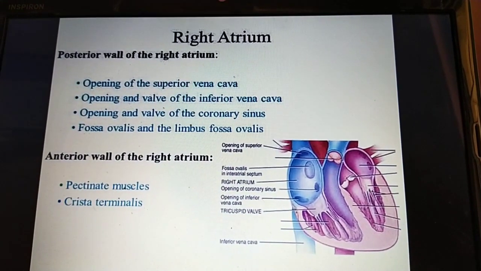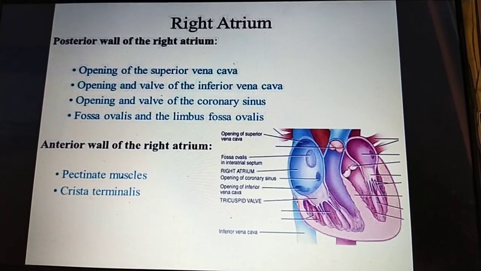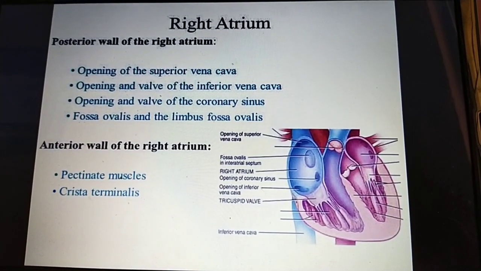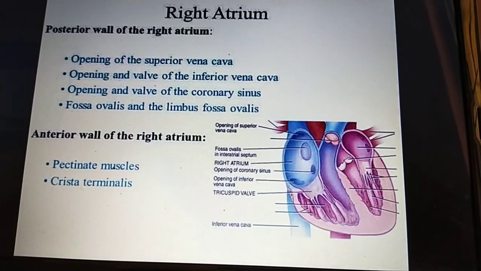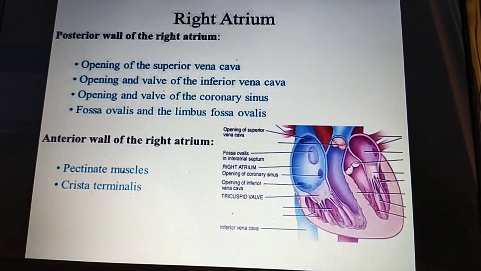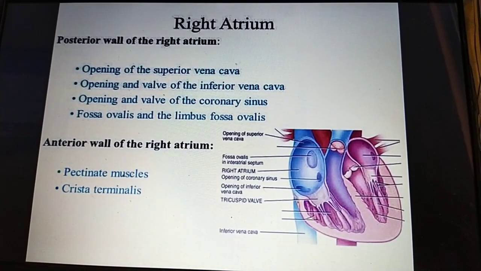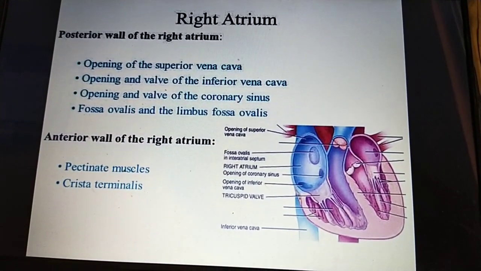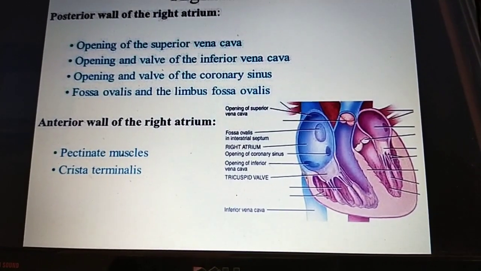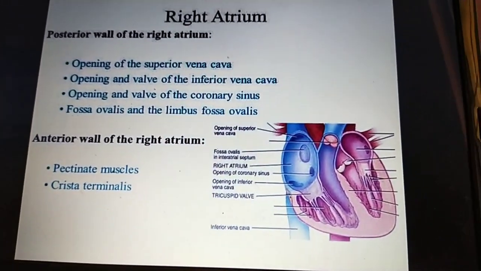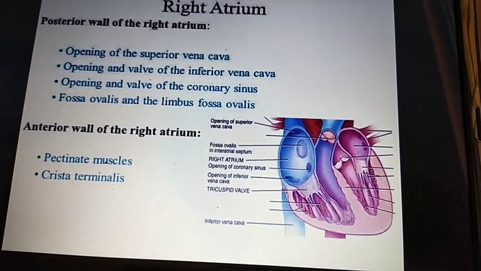These structures are the opening of the superior vena cava, the opening and wall of the inferior vena cava, the opening and wall of the coronary sinus, and the fossa ovalis. The anterior wall of the right atrium is rough because it contains the pectinate muscle and crista terminalis.